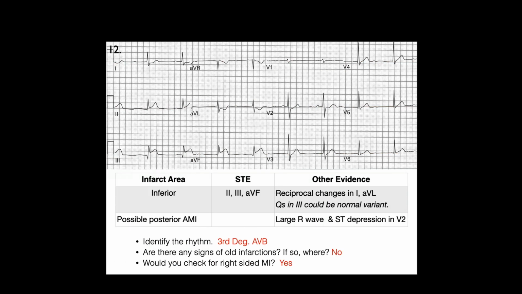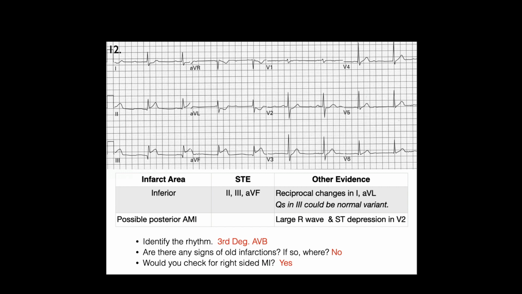Yes, absolutely correct. This is a 3rd degree AV block, and the only way I got this, I'm pretty sure it is, I'm like 90% sure it is, I looked at it and went, oh, what is this? And printed it out and really sat there with calipers. And the way I was able to figure it out was to look at lead 1 and aVR. And if anybody wants to know, the P waves were here, the little divot there, here, and you can see they moved.